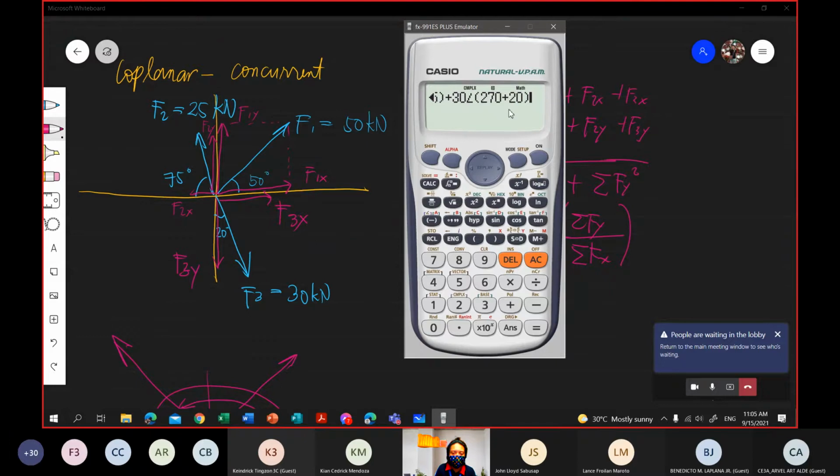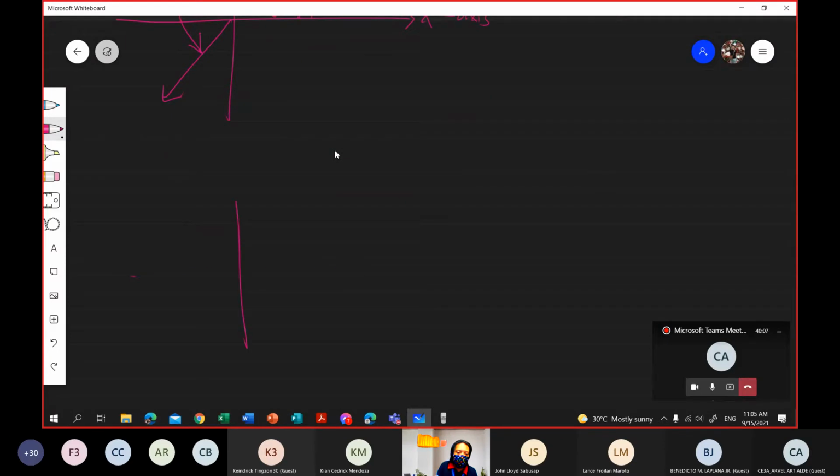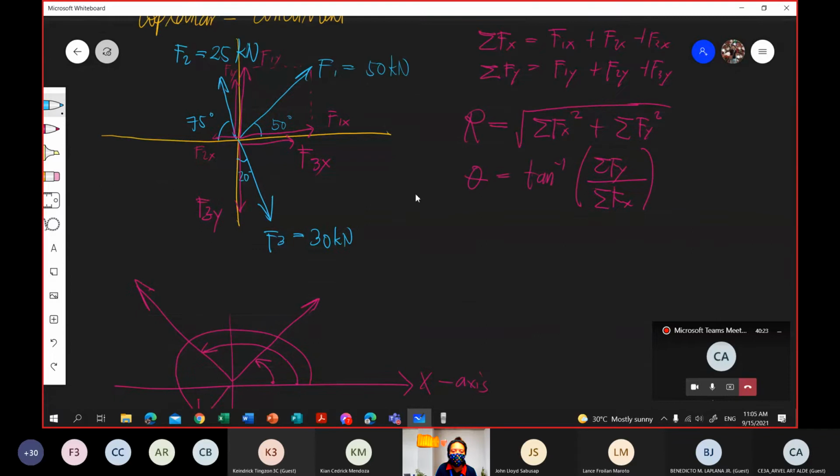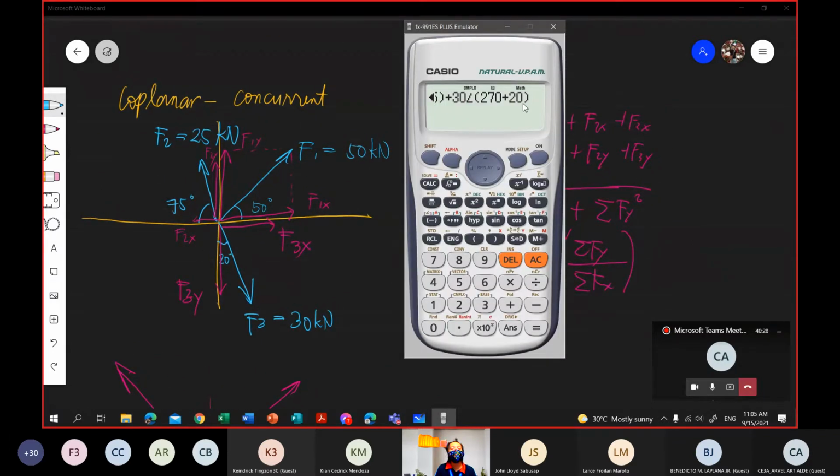Do you have any question why 270 plus 20? Okay, 270 because the vertical force is at 270 from the positive x-axis, then add 20. That's why 270 plus 20 for the 30 kilonewton.